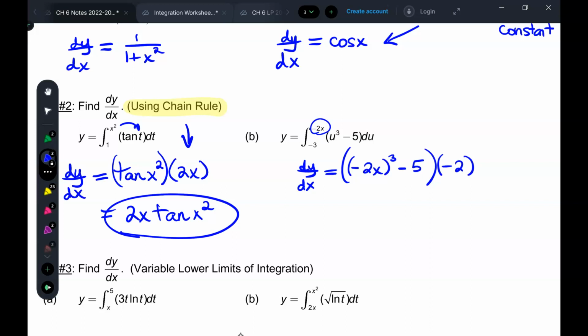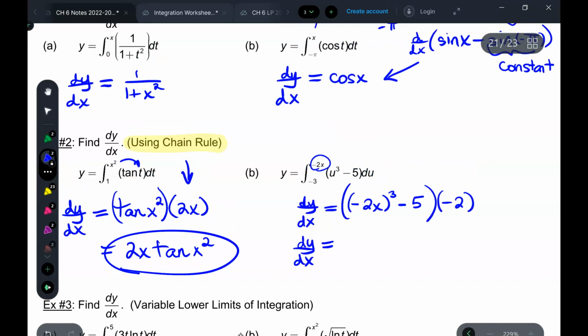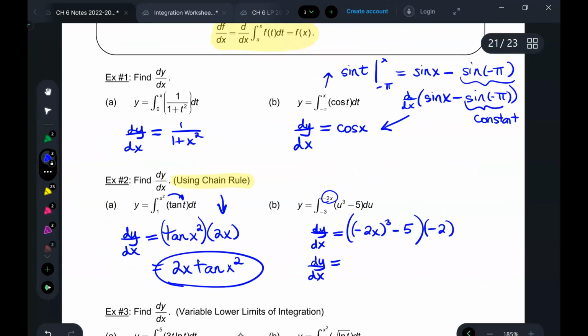Okay, we can simplify this a little bit. Oh, the negative 3 is irrelevant. Because if I were to do this by hand, no matter what, at the end you would be evaluating it at negative 3.